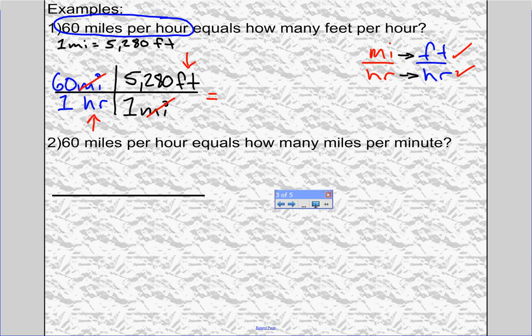So 60 times 5,280. Punch that in my calculator. I get 316,800 over 1, which is just 316,800. My units are feet per hour. And that's my answer.